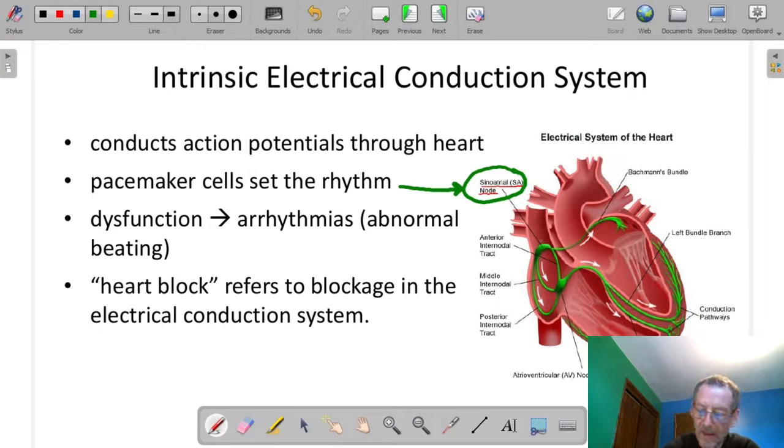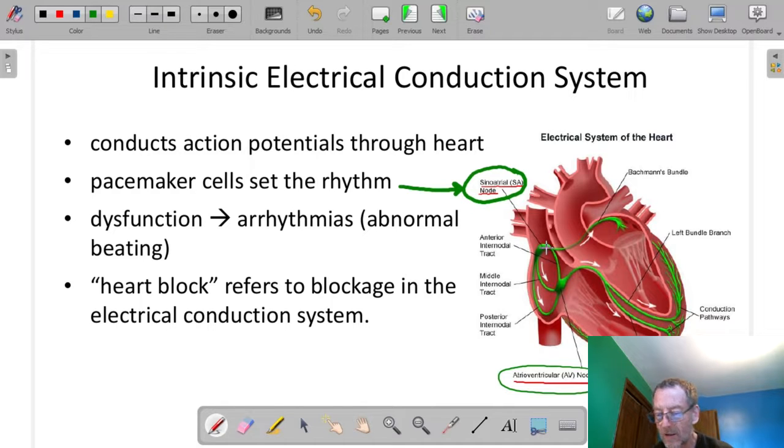And then the other node that you need to pay attention to is the AV node, the atrioventricular node at the bottom. Both nodes are located in the right atrium.